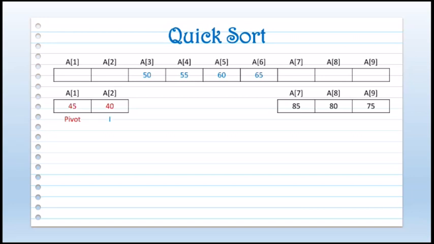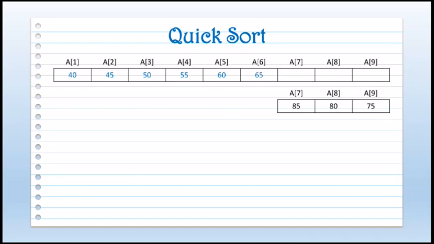So again we will consider the first element as pivot element and compare that with the remaining element from the left hand side. Is 40 greater than 45? No, the condition is false, and because there are no elements further, we will stop comparing and we will exchange the element. So now we have got the position of 40 as well as the position of 45.